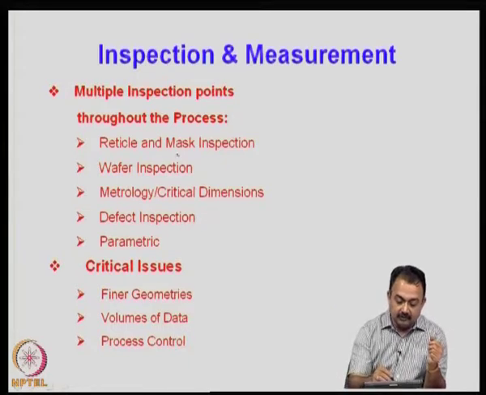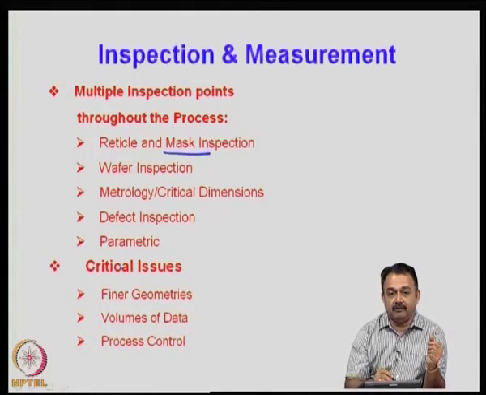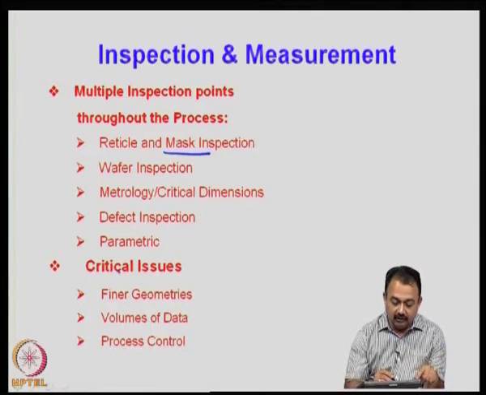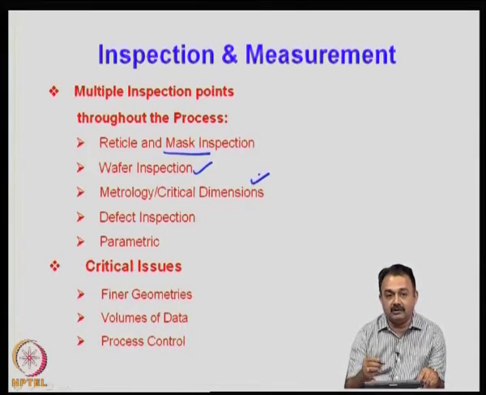Right from the start, the mask has to be perfect. There can be no dimensional variations in the mask. If a dimensional variation is seen, then you have to prepare a new mask. Then wafer inspection, then you have metrology and critical dimension inspections at every stage, including photoresist defect inspection.